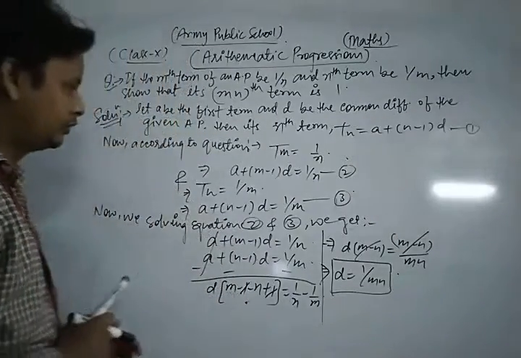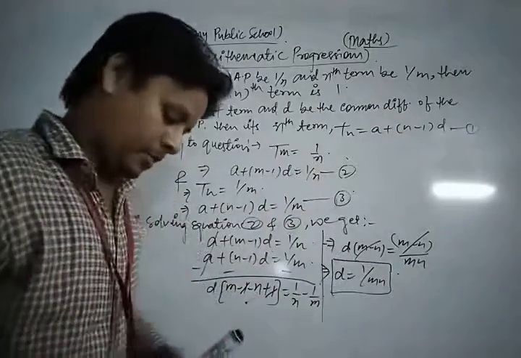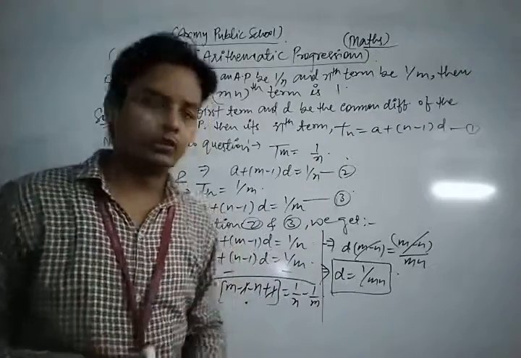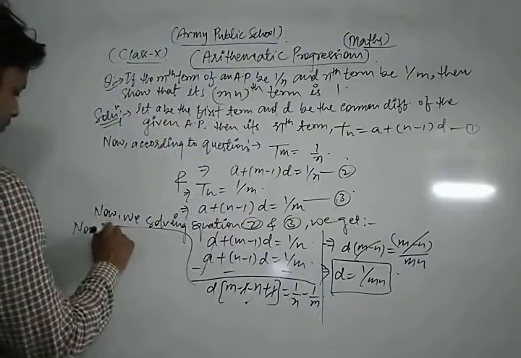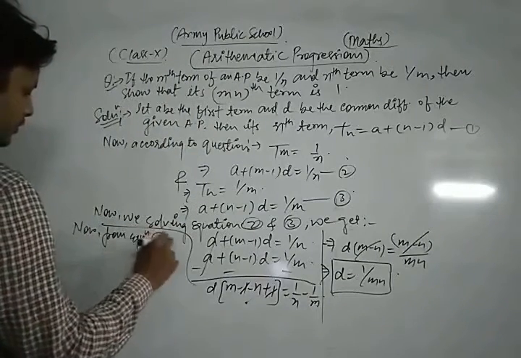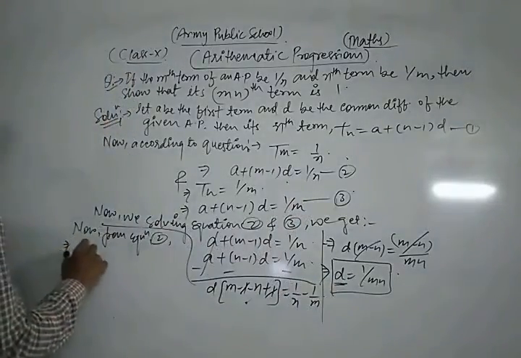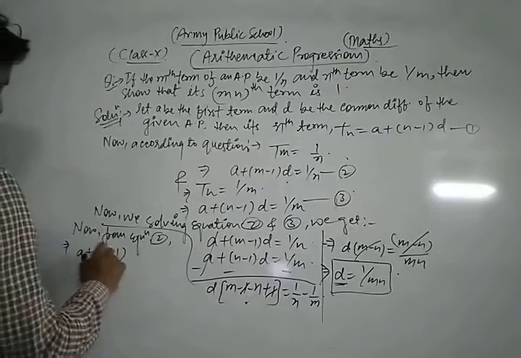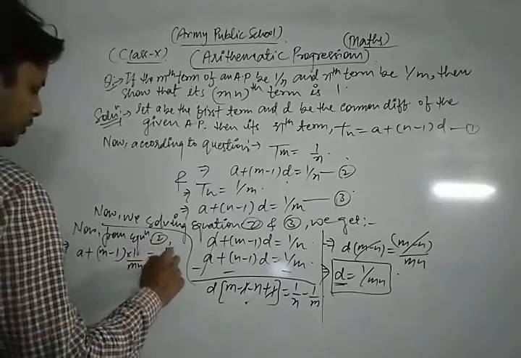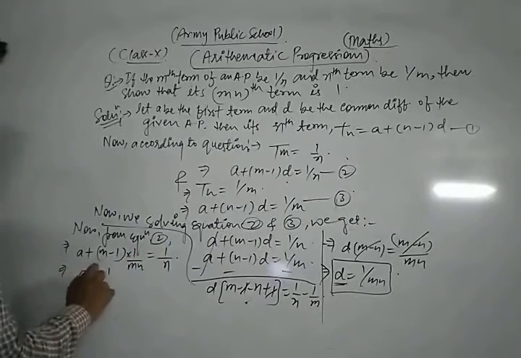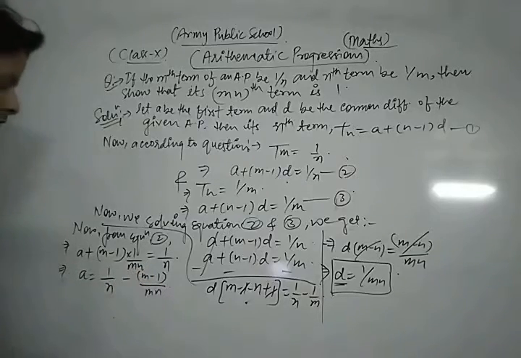Now we put the value of D in either equation 2 or 3, and hence we find the value of A. From equation 2, putting the value of D, we get A plus m minus 1 into 1 upon mn is equal to 1 upon n. Now the value of A is equal to 1 upon n minus m minus 1 upon mn.